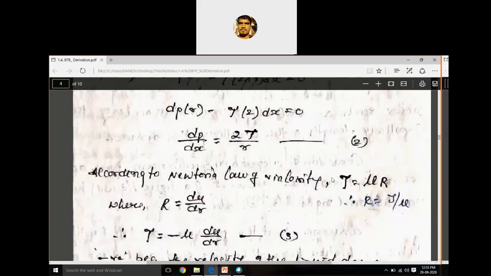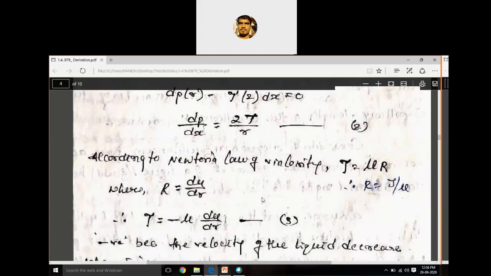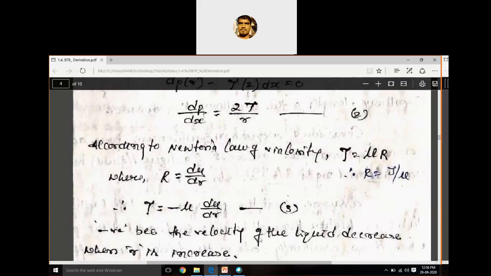According to Newton's law of viscosity, we already know that tau is equal to mu into r, where r is the velocity gradient, that is r is equal to du by dr. It is for a small element. Okay, same thing, if you replace here, tau is equal to minus mu du by dr. Why I write minus means, the negative indicates that the velocity of the liquid decreases when r increases.